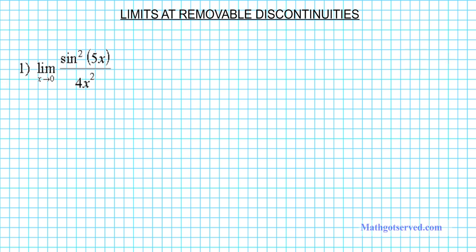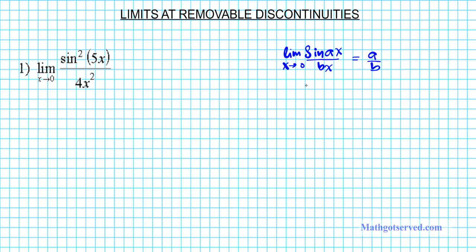Before we go ahead and evaluate this limit, let's go over a squeeze theorem formula that's going to help us. Remember that the limit as x approaches 0 of sine ax over bx is equal to a over b.